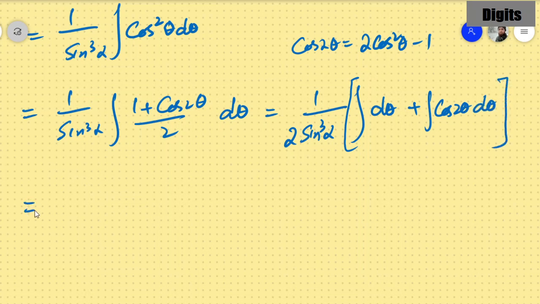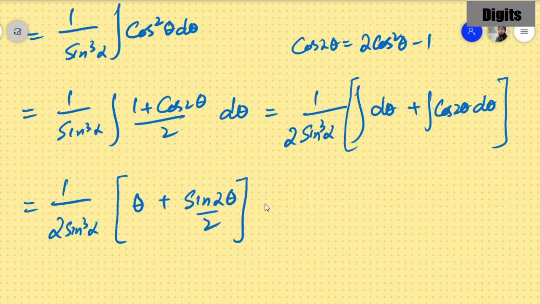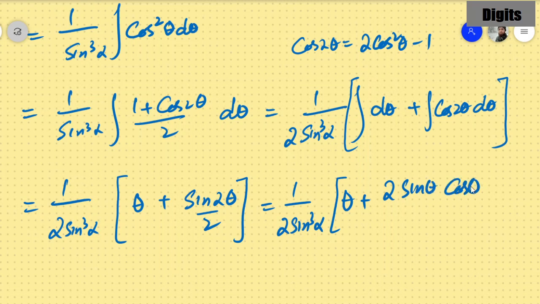So it will be equal to 1 by 2 times sine cube alpha, and integral of d theta is theta plus integral of cos of 2 theta is sine of 2 theta divided by 2, and further it will be equal to 1 by 2 times sine cube alpha theta plus, now sine of 2 theta is 2 times sine theta cos theta, and here it is 2.